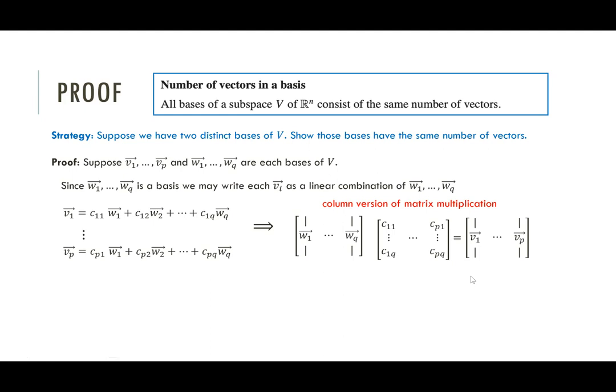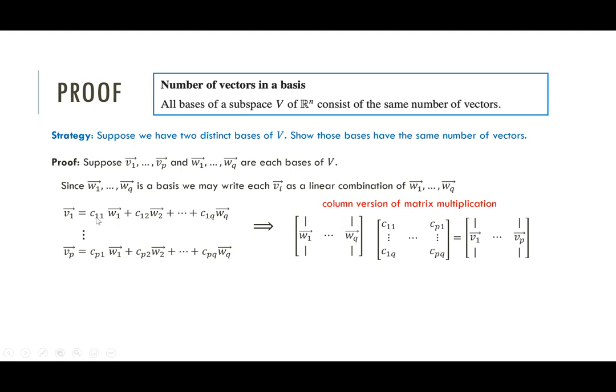Okay, so let's see. If we're doing matrix vector multiplication here, we take the first column. First let's say what are these matrices? So this matrix is the columns of the basis W1 to WQ. This matrix is the matrix of the coefficients, and they are written kind of flipped.